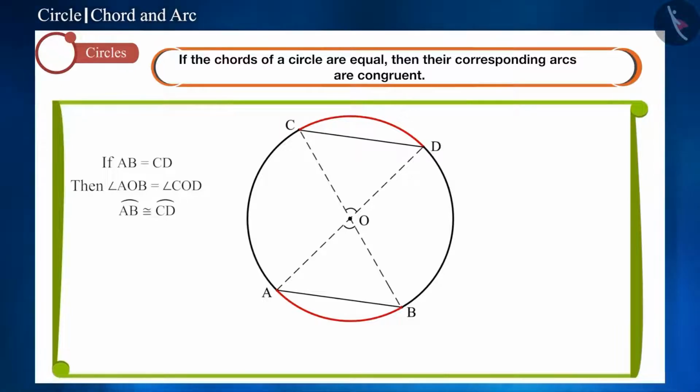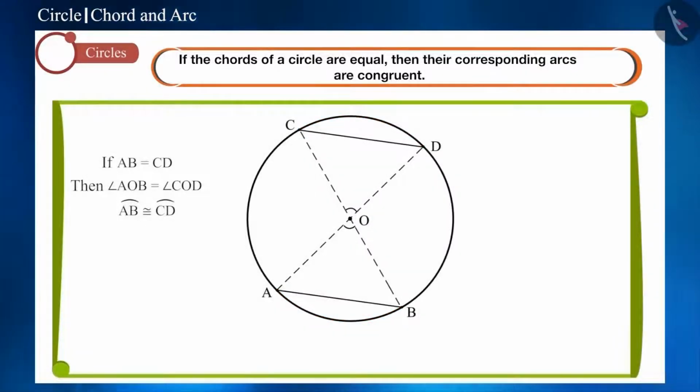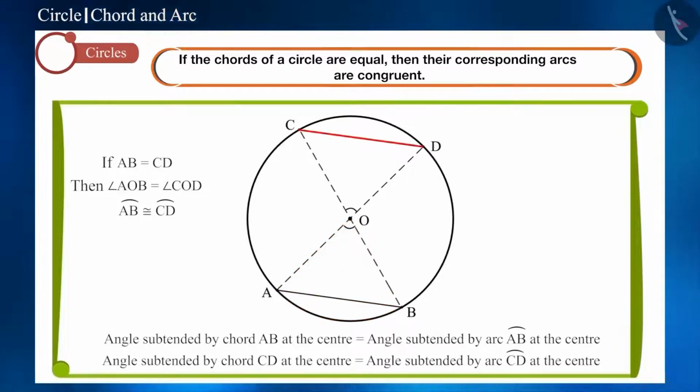So, will the angles subtended at the center by these corresponding arcs also be equal? Friends, can you think about the answer by pausing the video? If you look at the figure carefully, you will see that the angles subtended by chord AB and arc AB at the center are equal, and the angles subtended by chord CD and arc CD at the center are also equal.